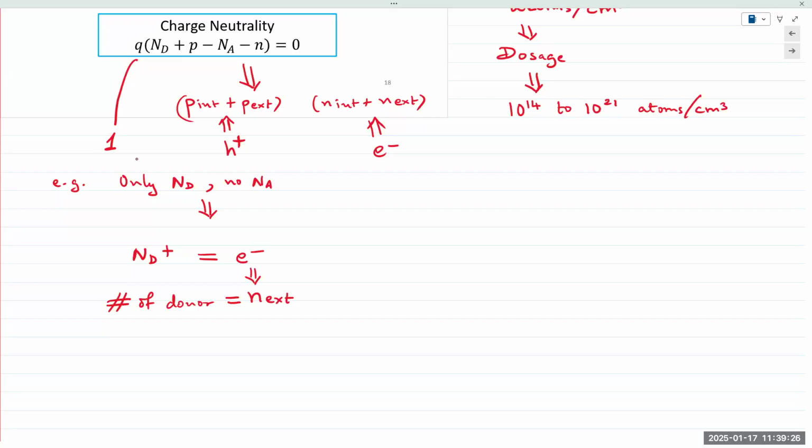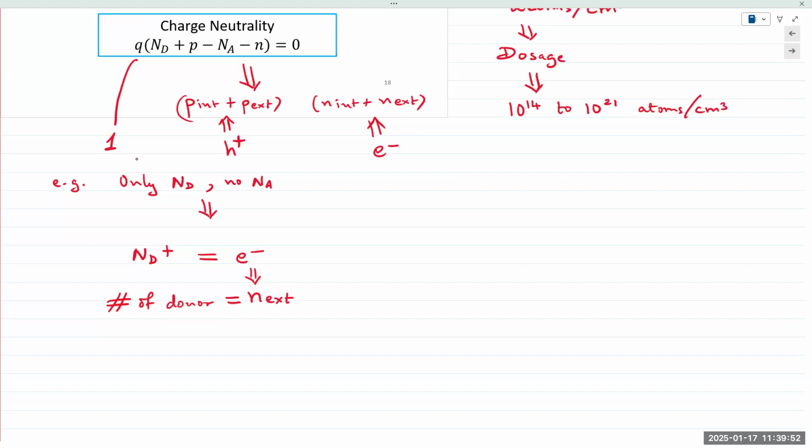All right, let me see if I understand this. So your question is, wouldn't ND plus, the ionized atoms, be balanced by, what is the second? Yes, yes.